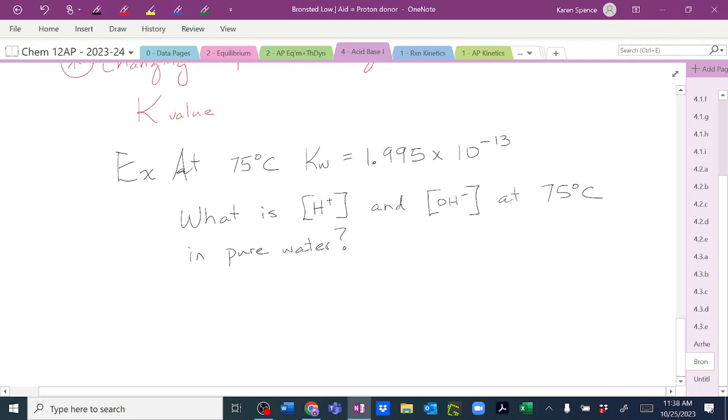All right, so what would we do to get the concentration of hydrogen and hydroxide? I'm going to write the autoionization of water in shorthand, because I'm lazy.